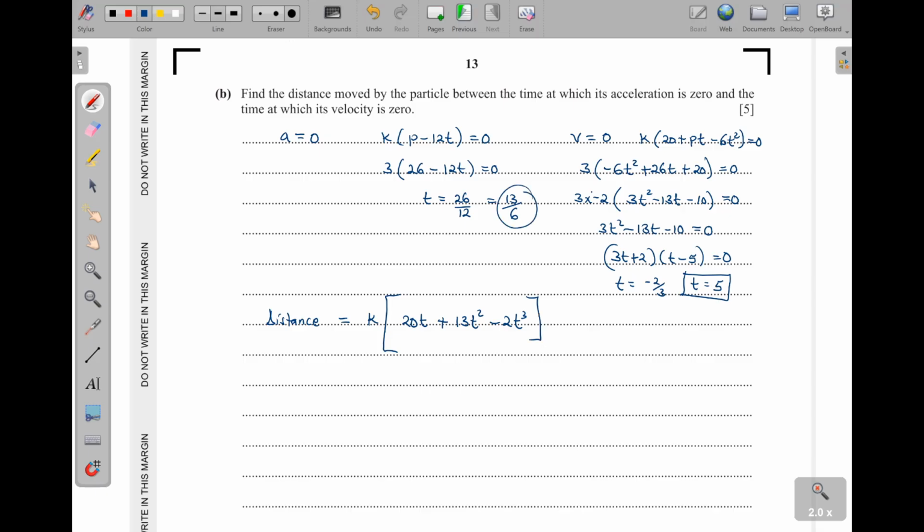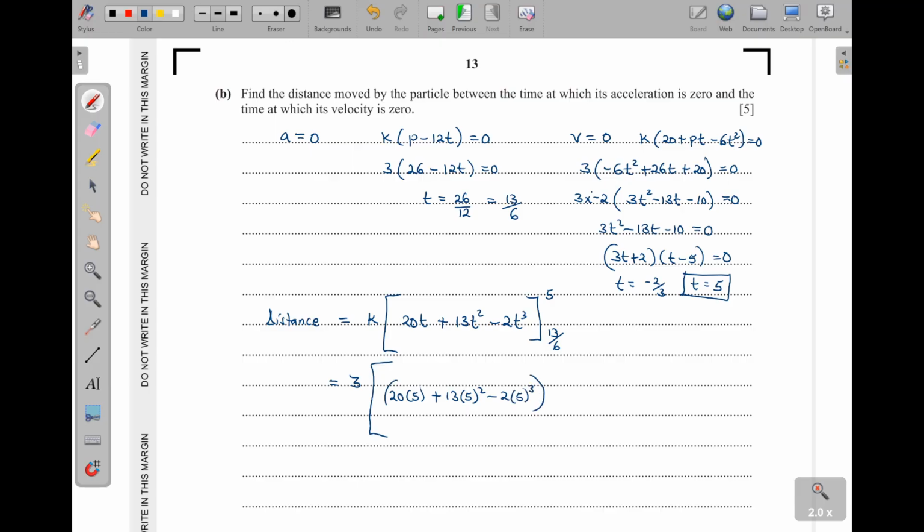The limits are 13 over 6, which is 2 whole number and then 1 over 6, and 5. So 5 is bigger than 13 over 6. And that k is 3. Now we put the limits. So you put 5. We shall have 20 times 5, then plus 13 times 5 squared, then minus 2 times 5 cubed.